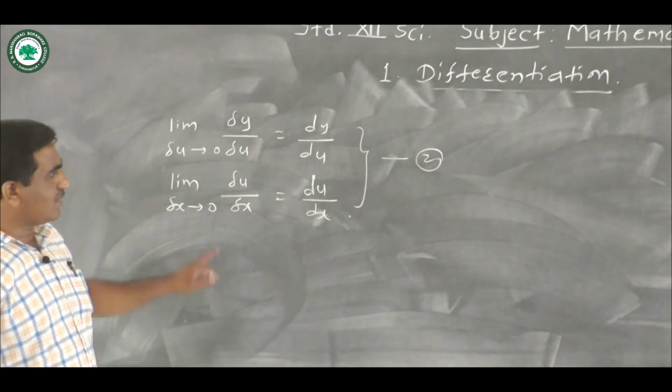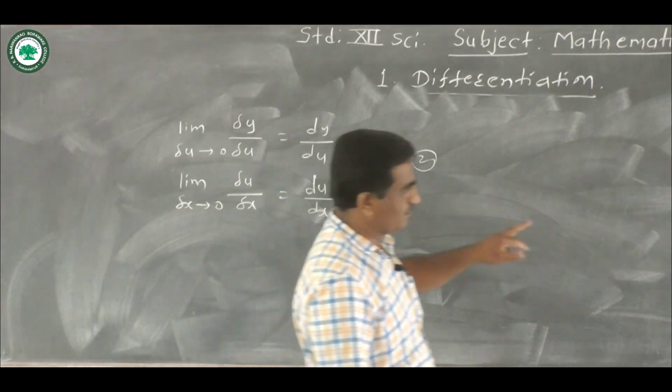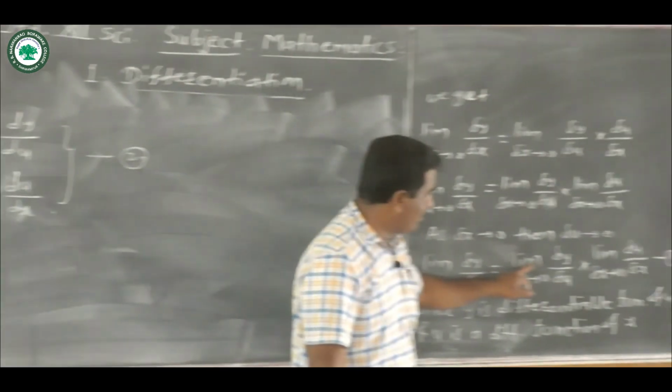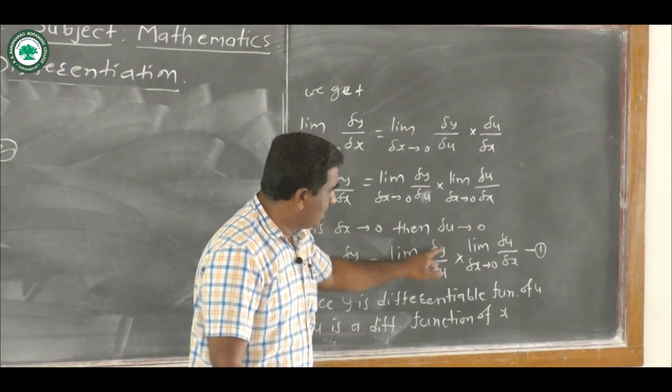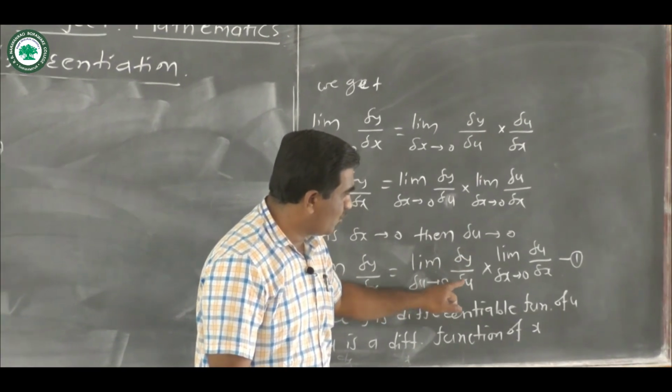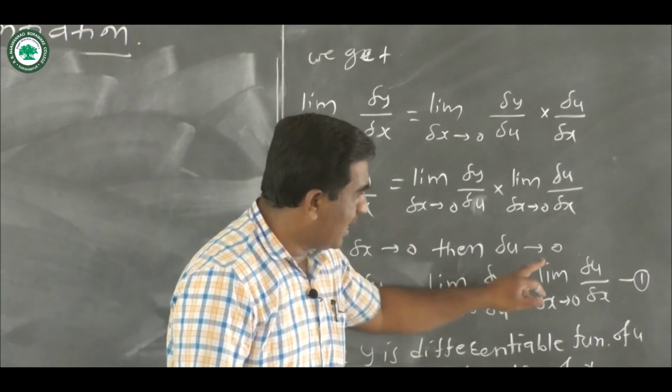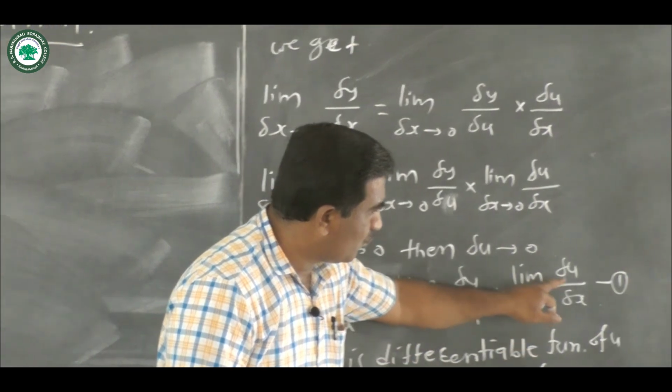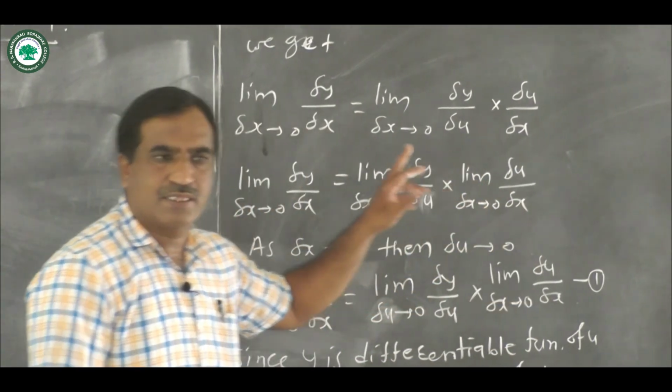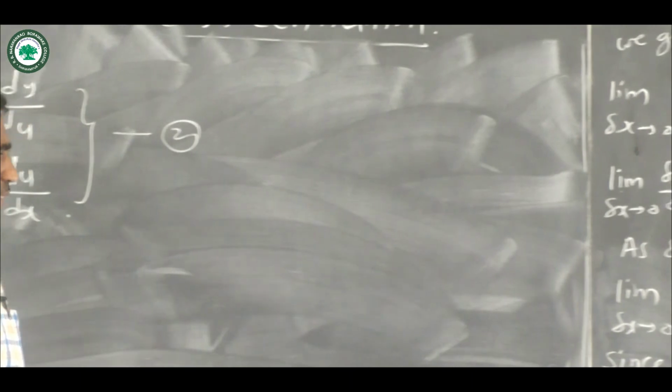Now put equation second in equation first. Here the value of limit delta u tends to 0, delta y upon delta u is equal to dy upon du, and the value of limit delta x tends to 0, delta u upon delta x is equal to du upon dx.